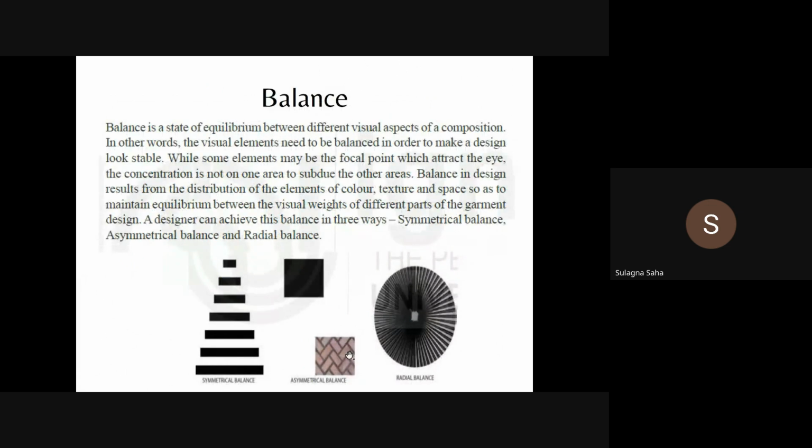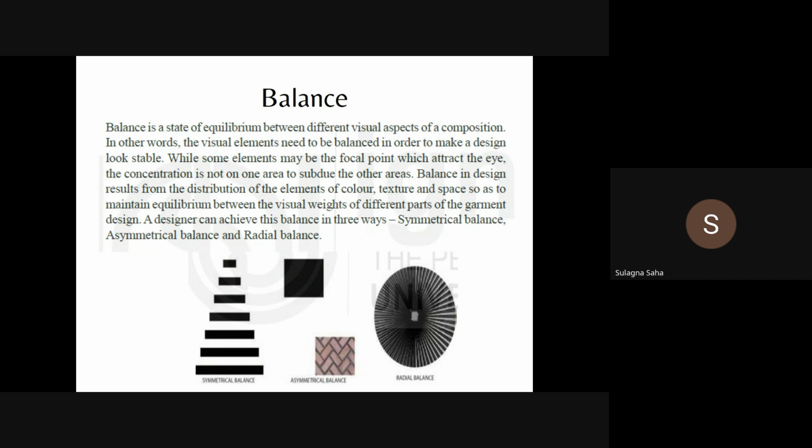We'll discuss one by one, starting with the first principle of design, that is balance. Now, balance, as we call it, is the state of equilibrium between different visual aspects of a composition. So, what do we mean by that? We mean that visual elements have to be balanced in order to make the design very stable.